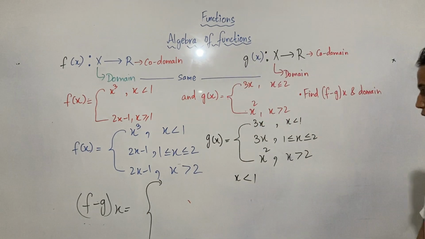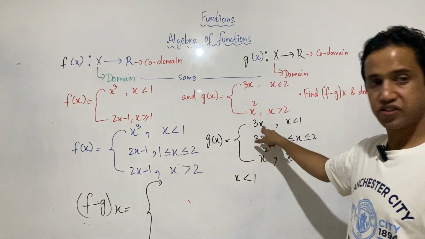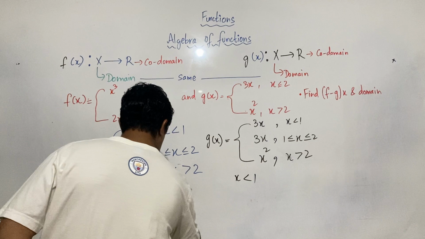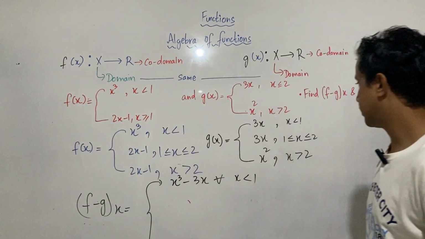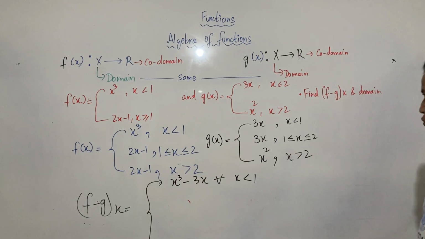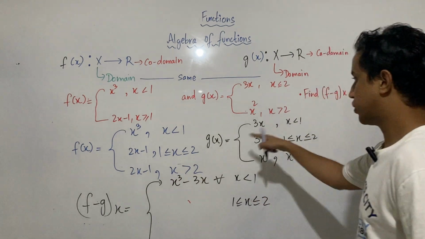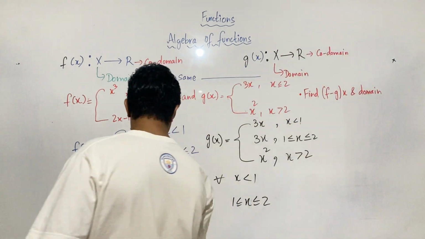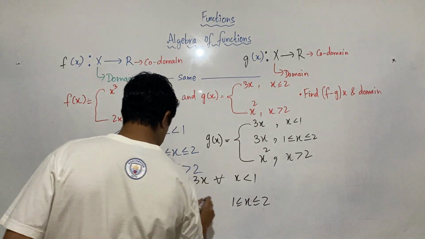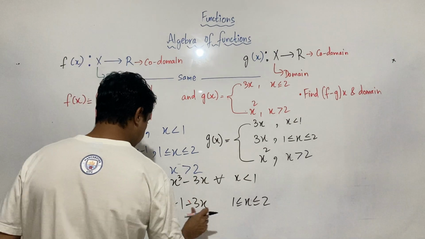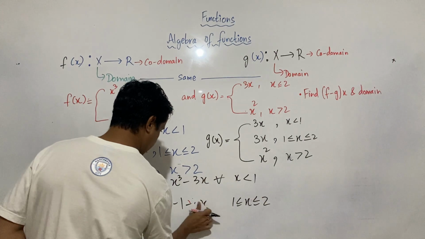For x less than 1, it's going to be x cubed minus 3x. Okay, x cubed minus 3x for all x less than 1. What is it going to be between 1 and 2? Here it's going to be 2x minus 1 minus 3x, which is going to be minus 1 minus x.